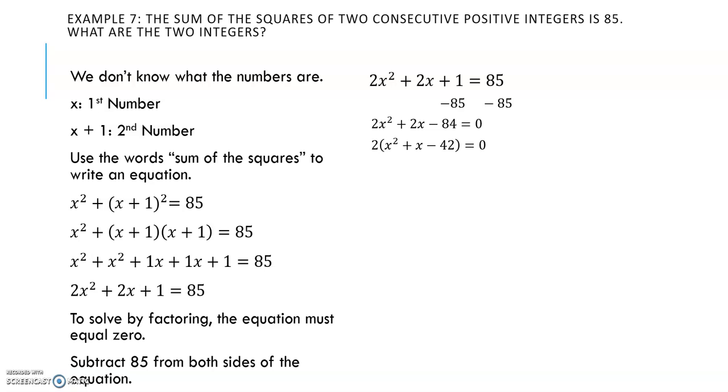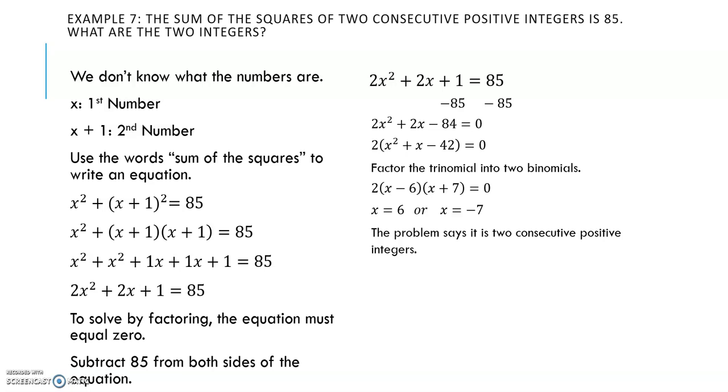Now factor the trinomial into binomials. What multiplies to negative 42 but adds to 1? 2 times (x minus 6) times (x plus 7) equals 0. x equals 6 or x equals negative 7.